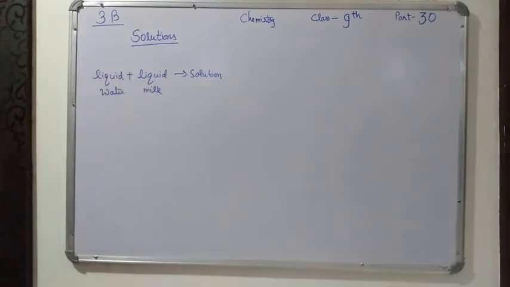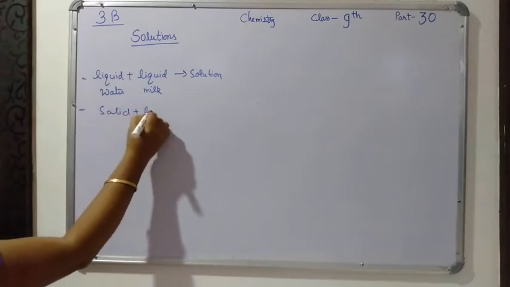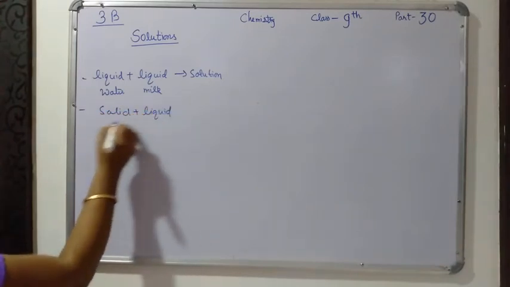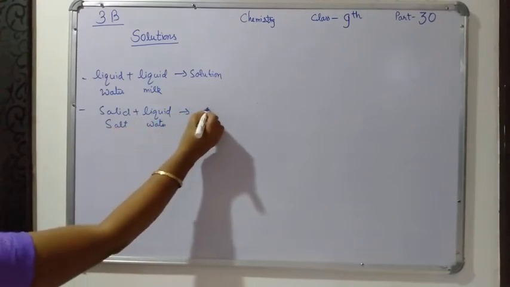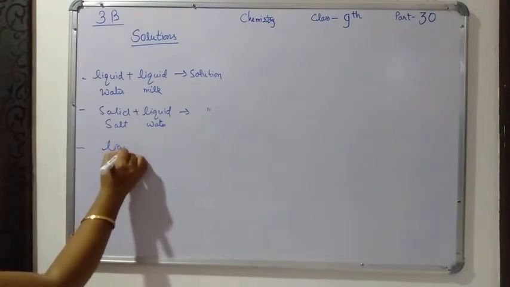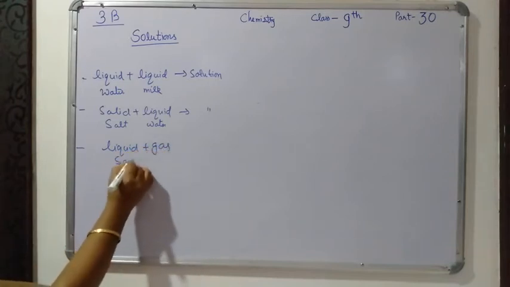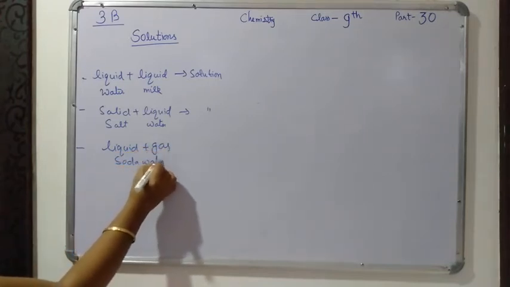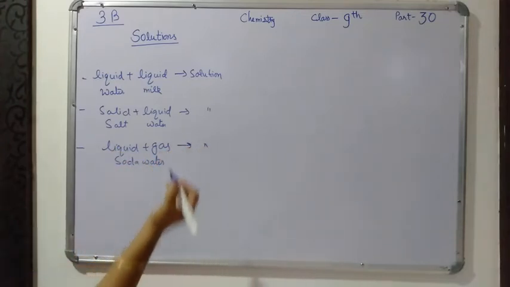A solution may be formed by mixing a solid and a liquid, for example salt and water. A solution may be formed by mixing a liquid and a gas, for example soda water, where water and carbon dioxide are mixed.